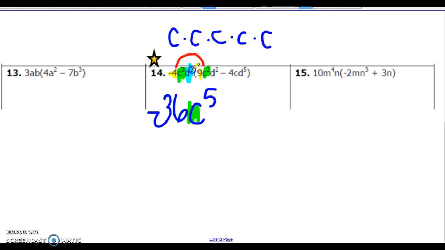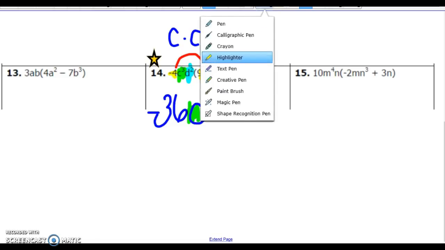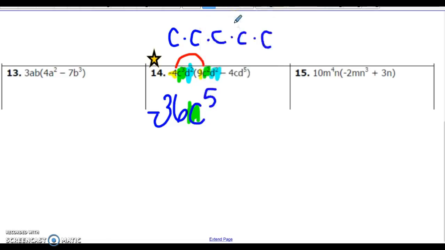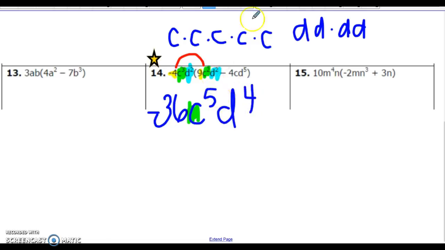Now let's see, next we're going to go to the d's. So do you see how I'm just doing it a little piece at a time? So I've got d squared times d squared. Well, d squared times d squared gives me d to the 4th. Okay, but now I'm not done. Now I've got to do this to this one.